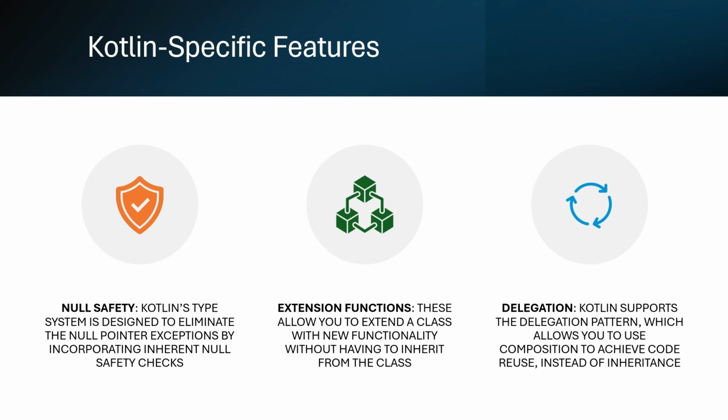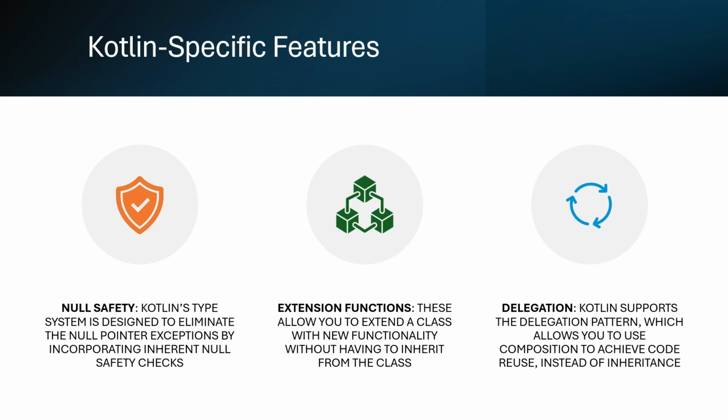There are some more Kotlin features, but these should be specific for Kotlin. We have firstly the null safety. It's Kotlin's type system that is designed to eliminate null pointer exceptions by incorporating inherent null safety checks. The next thing is extension functions.